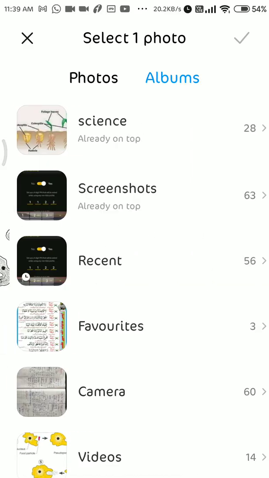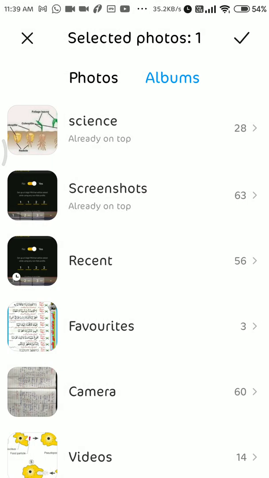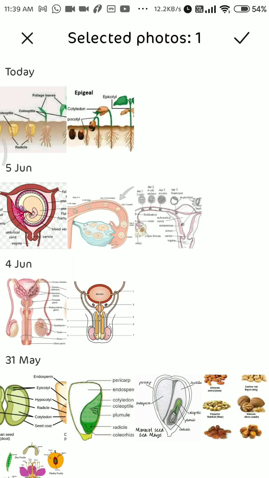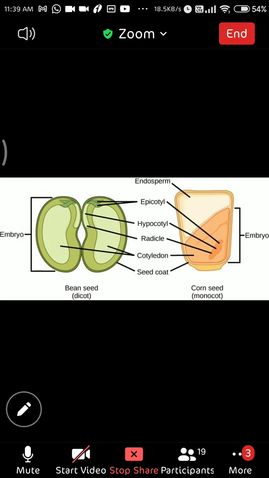Like in the previous class, I have shown you the pictures also, of dicot and monocot seeds. Is it visible?